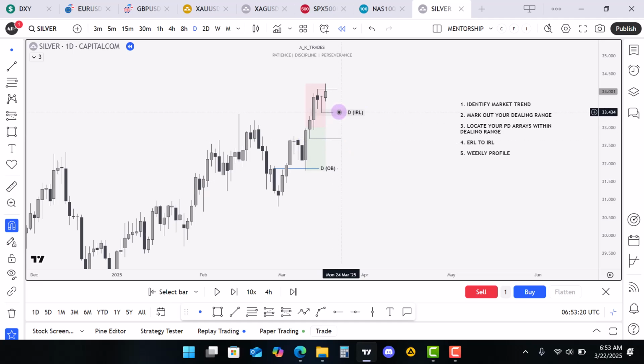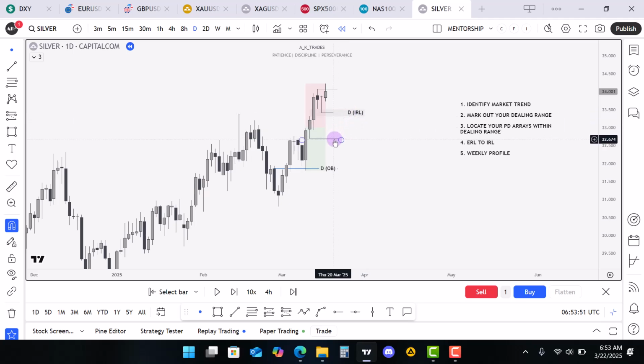So the easiest draw on liquidity on the daily chart here is this swing low that we find here. You cannot just target this daily internal range liquidity at a discount zone, because with this daily internal range liquidity residing at the premium level here, price can react to this level and then actually go higher without coming to our discount level.